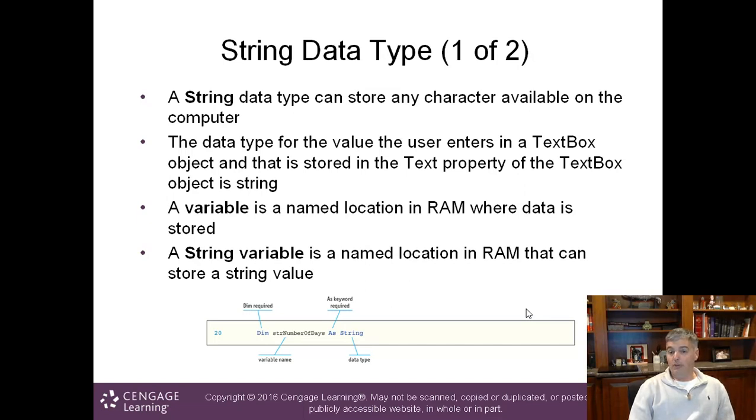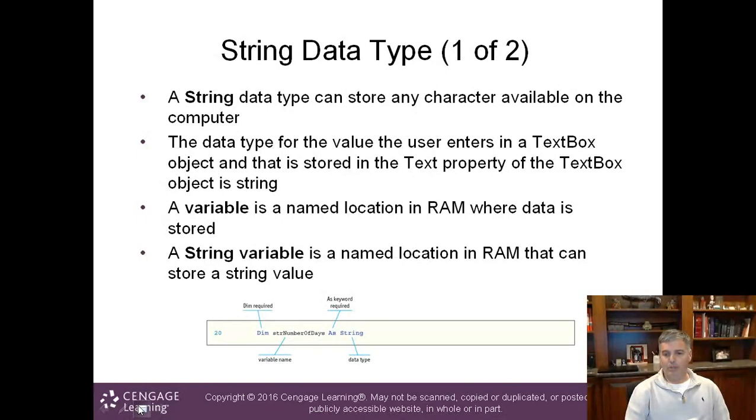A variable is a named location in RAM where data is stored. And a string variable is a named location in RAM that can store a string. This is an example of the code you would write to declare a string variable. For example, we had that number of days we entered in the text box. So we have to allocate a place in memory. We would use Dim, which is our declare statement. It stands for dimension.